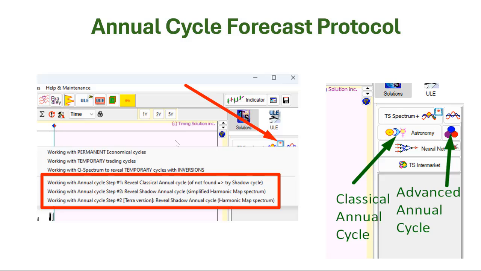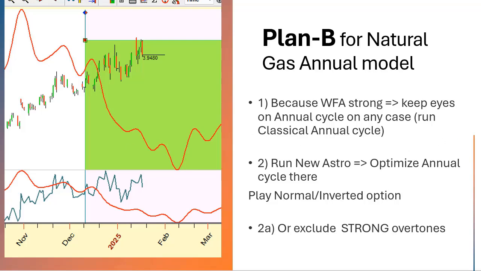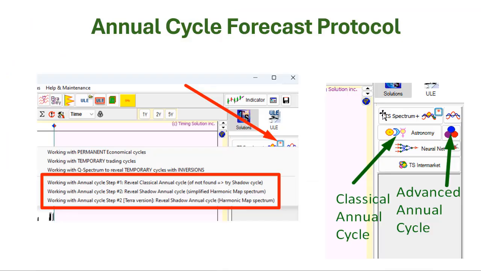Also the first button, astronomy, can be used just to calculate the classical annual cycle. But for more complicated work, to reveal shadow annual cycles, better use the option a new Astro model. So that's it.